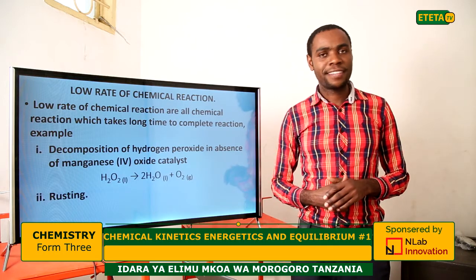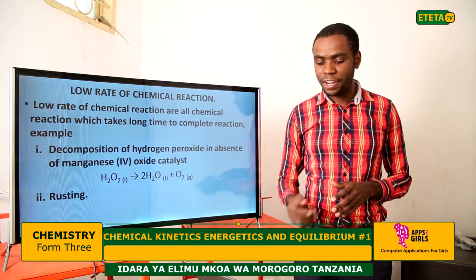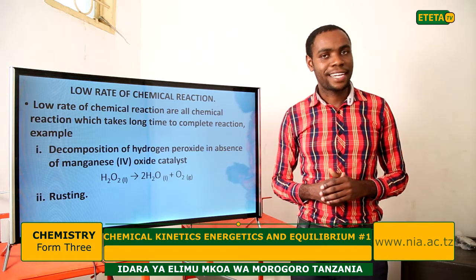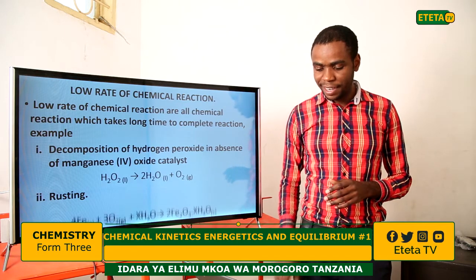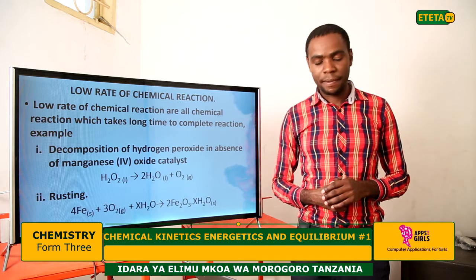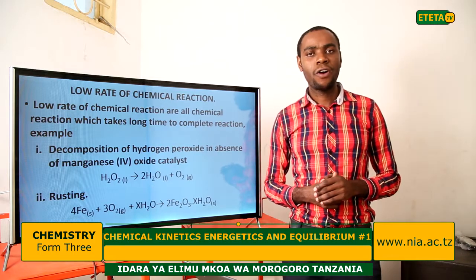Another example is rusting. Rusting of iron is another example of a reaction which takes place at a very low rate. In rusting, the reaction is between iron, oxygen, and water, and the product formed is hydrated iron(III) oxide.